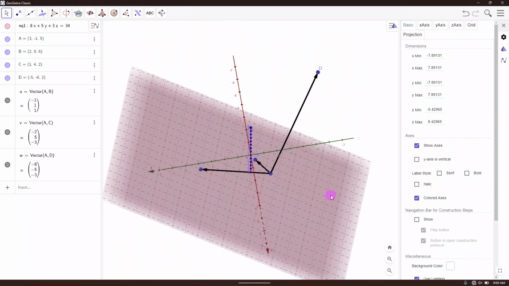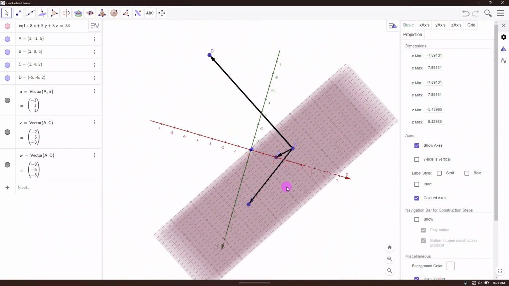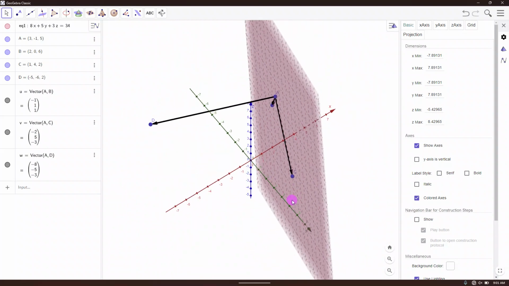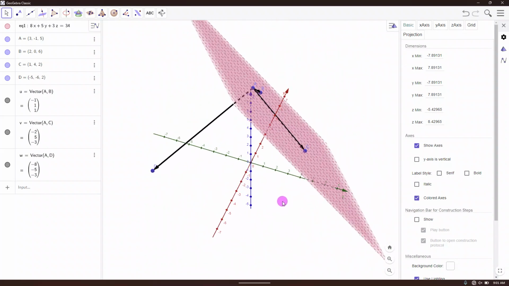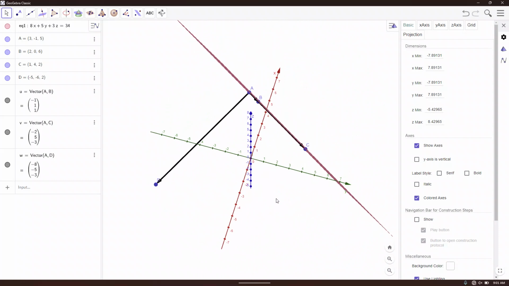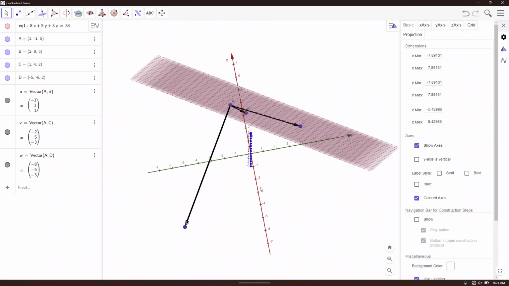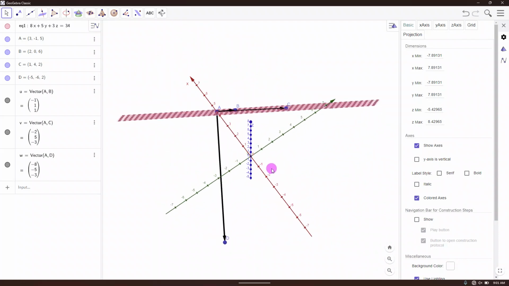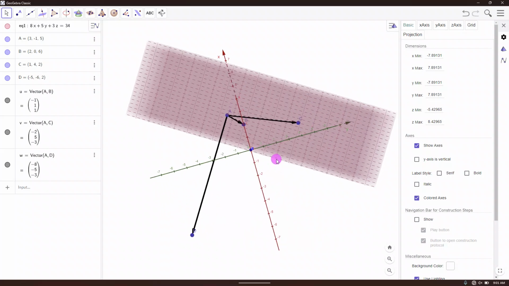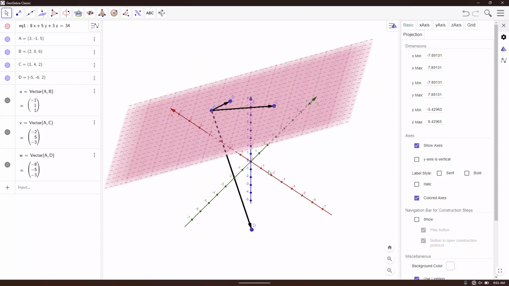And here is a plane containing the points. See how the points are on the plane, right? And see how that direction vector is orthogonal. It forms a 90-degree angle with the plane, all right? So this is a good way to verify our work, all right?